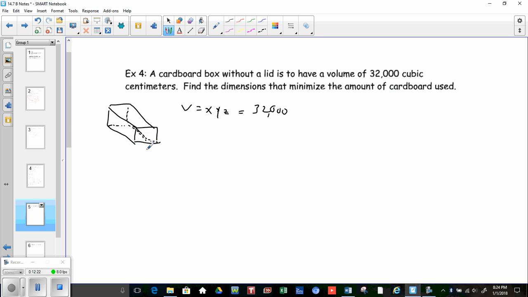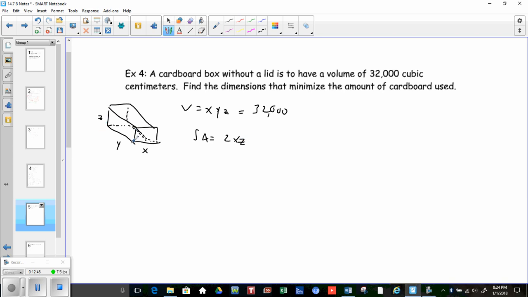The surface area, so if this is X, this is Y, this is Z, we have a surface area of this piece right here in front, which is X times Z. We've got two of those, right? So our surface area will be 2XZ.